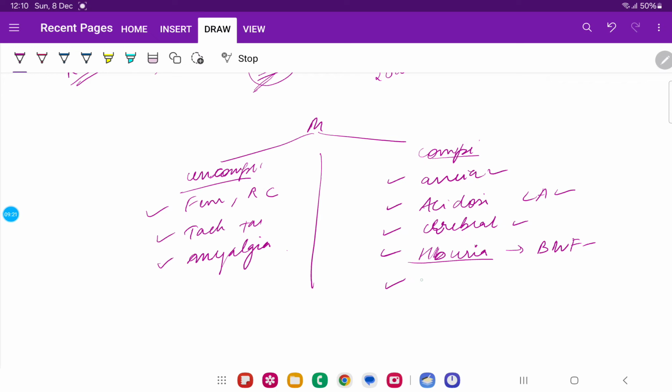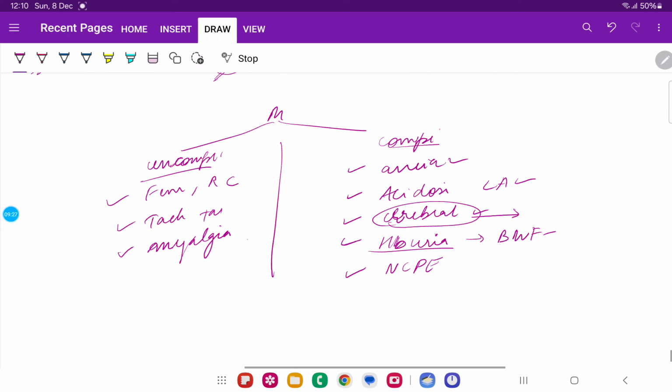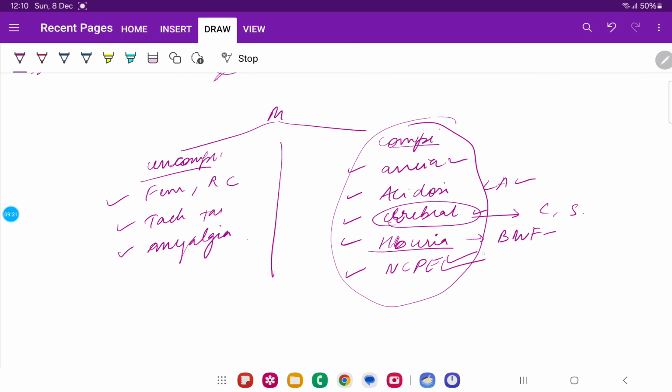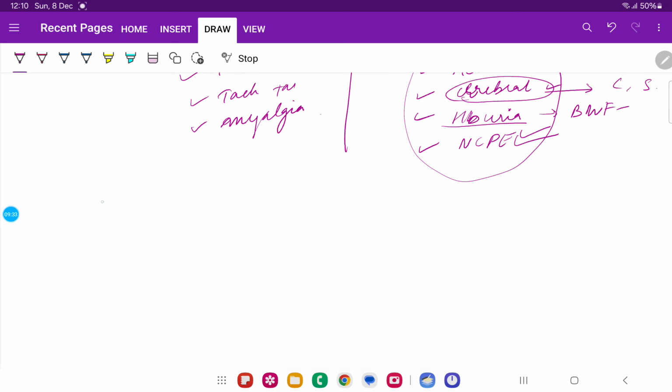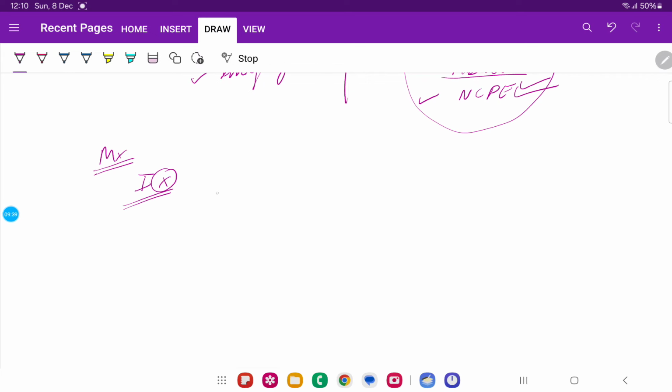There can be non-cardiogenic pulmonary edema. This can lead to convulsions, seizures. So if any of this is happening, it's complicated malaria. Coming to how we manage a case of malaria. For investigations, the investigation of choice is a thick blood smear.